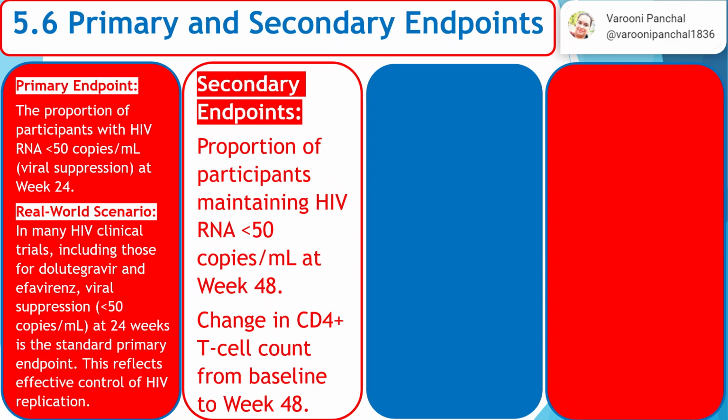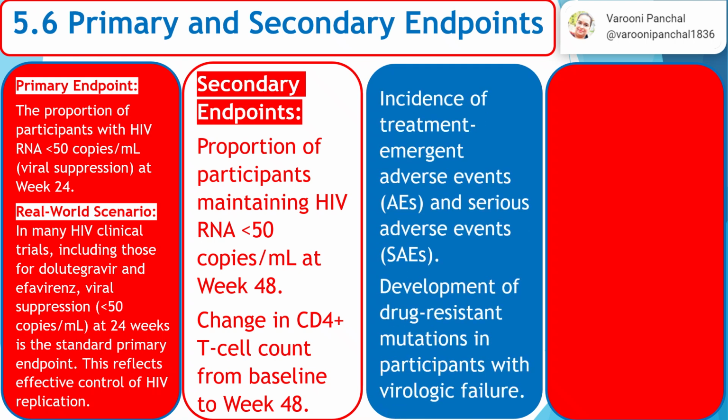Secondary endpoints. Proportion of participants maintaining HIV RNA less than 50 copies per milliliter at week 48. Change in CD4 plus T-cell count from baseline to week 48. Incidence of treatment-emergent adverse events, AEs, and serious adverse events, SAEs.